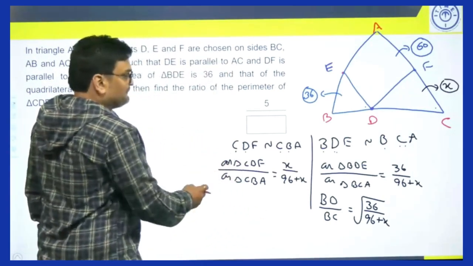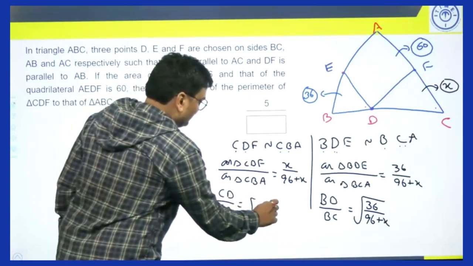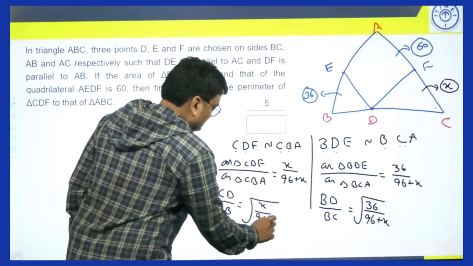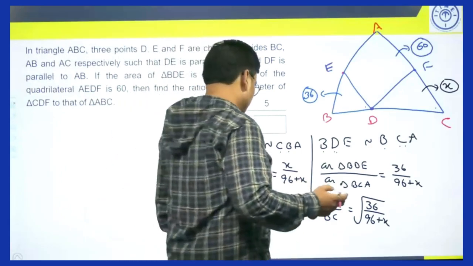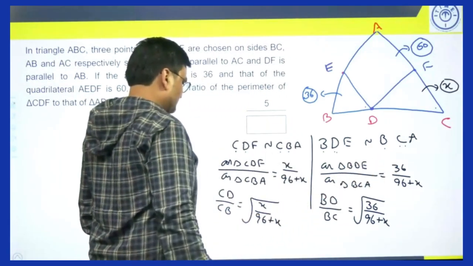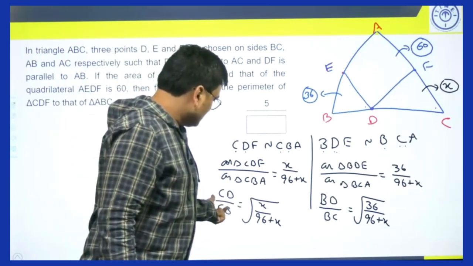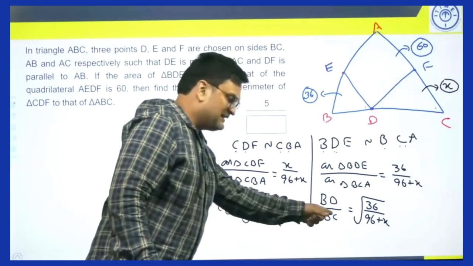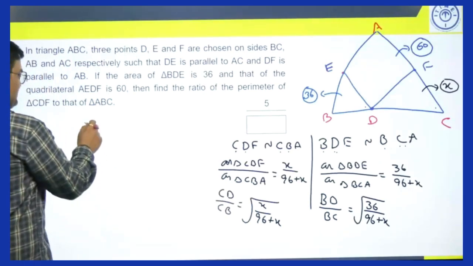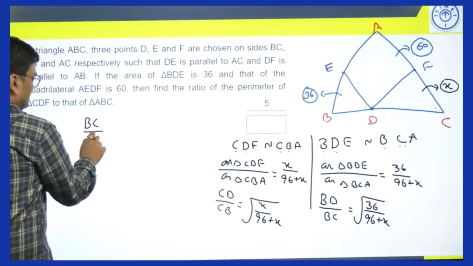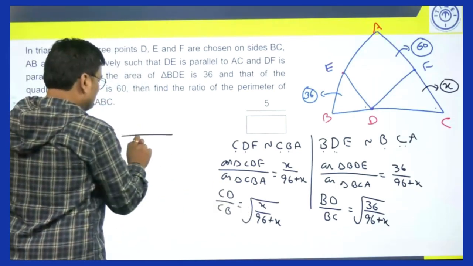Now similarly here, can we say CD by CB will be the square root of this, x by 96 plus x. Now what is CD? Let's try to write it this way. Please notice, if I now try to add these two, because the denominator BC is the same, BD plus CD is nothing but BC, the denominator BC will be equal to root 96 plus x, which is common.